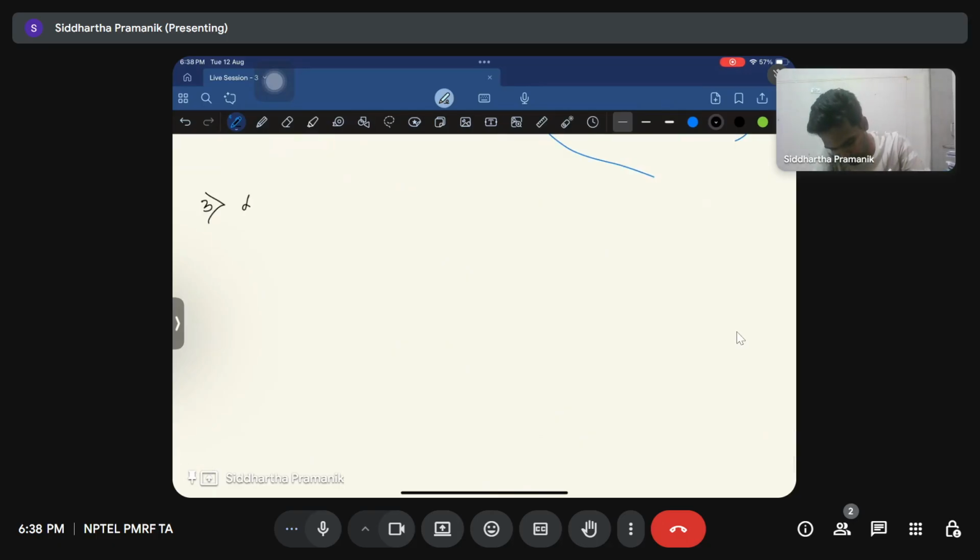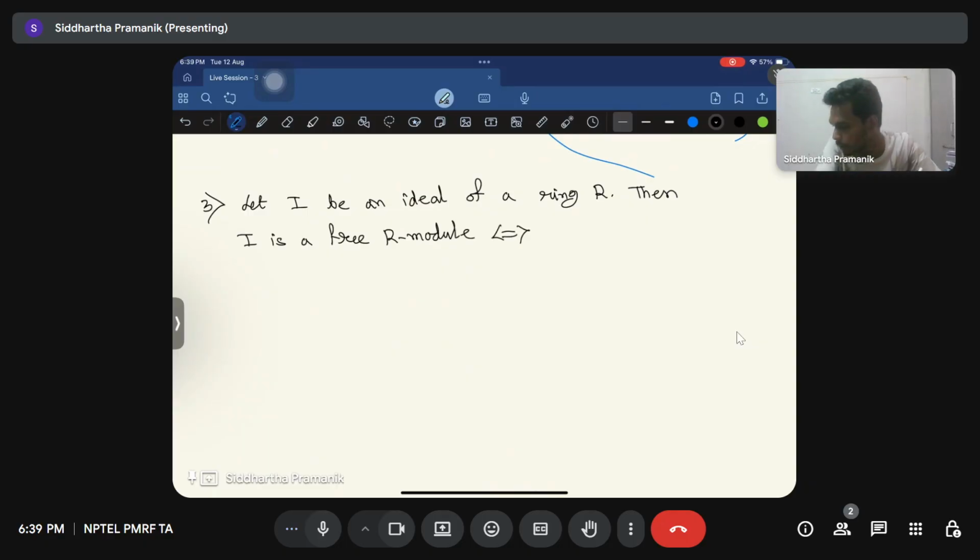So let I be an ideal of a ring R. Then I is a free R module if and only if I is a principal ideal generated by a non-zero divisor.